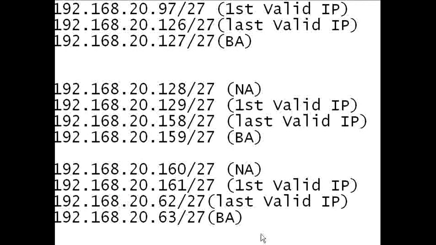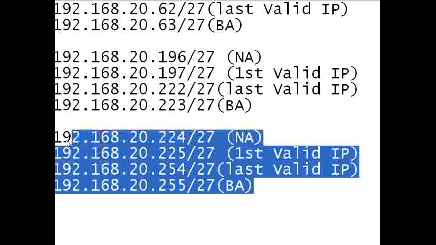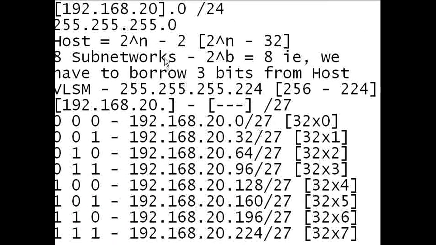But in today's era, people say we should use all the subnetworks. Means in the network bits, we should not restrict all bits set to 0 or all set to 1, and that is how I am calculating.